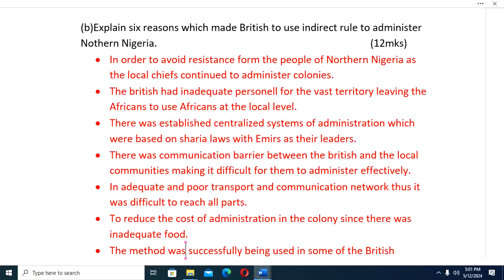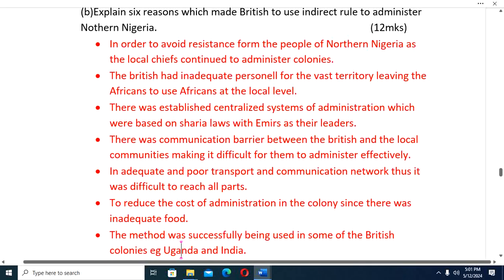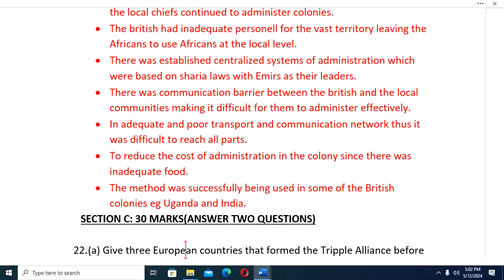Next, there was established centralized system of administration which were based on Sharia laws with emirs as their leader. Next, there was communication barrier between the British and the local communities, making it difficult for them to administer effectively.